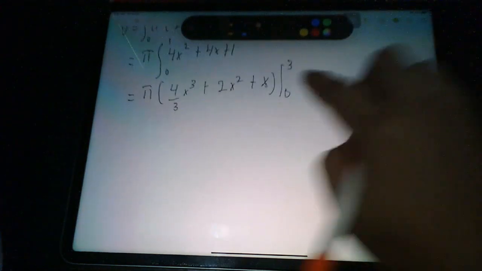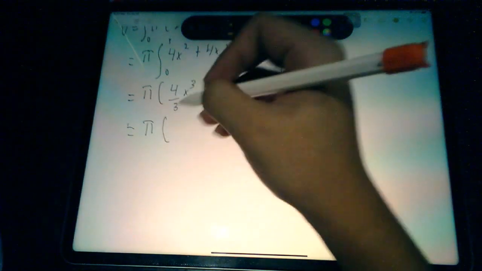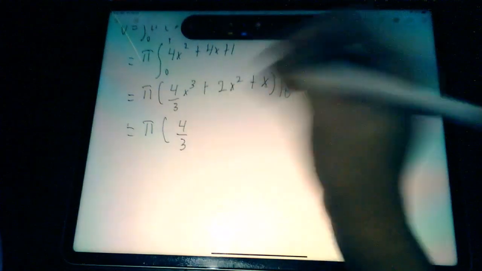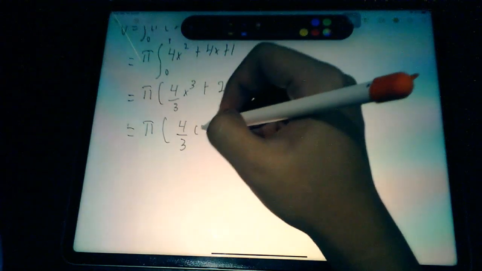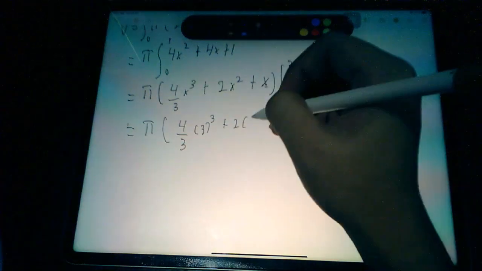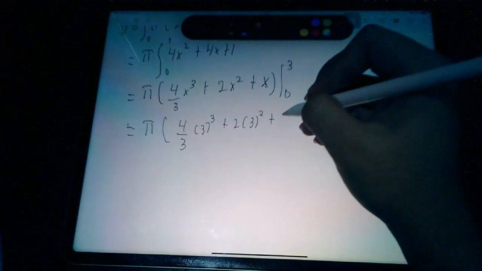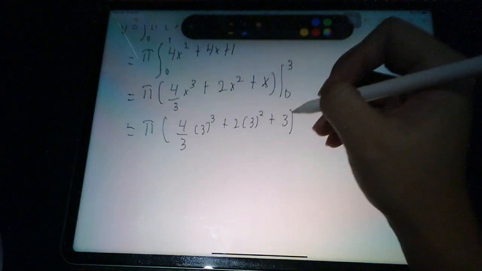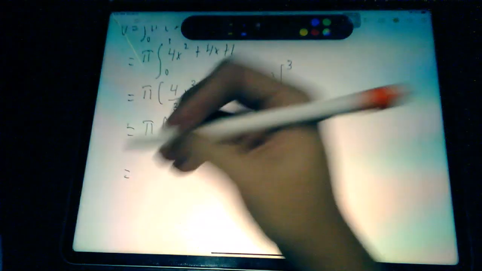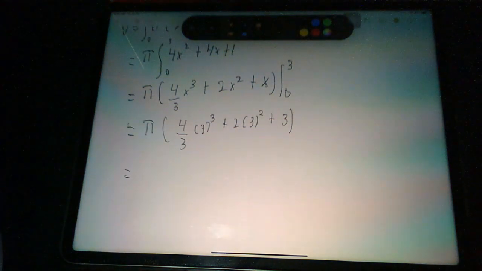Now we substitute x with our limits, so this will become pi times 4/3 times 3 raised to the cube plus 2 times 3 raised to 2 plus 3. By getting our calculator here, let me show you my calculator.